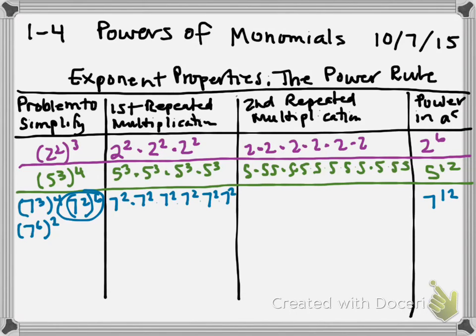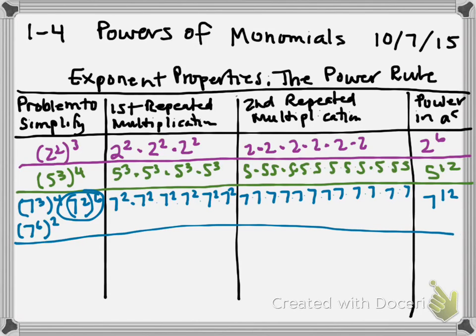And then each 7 squared is a 7 times a 7, so there's 1, 2, 3, 4, 5, 6 of them. And again, 1, 2, 3, 4, 5, 6, 7, 8, 9, 10, 11, 12. Okay, that was kind of interesting. I like that one.